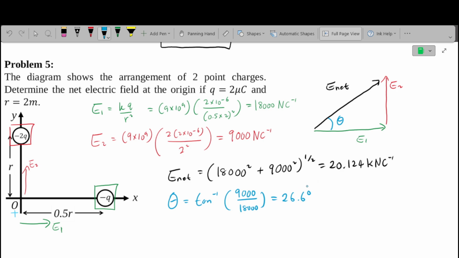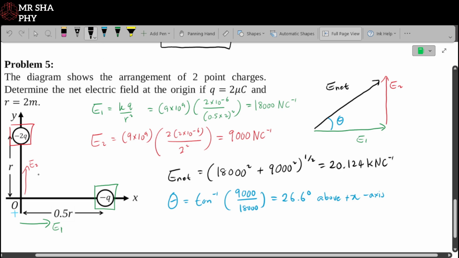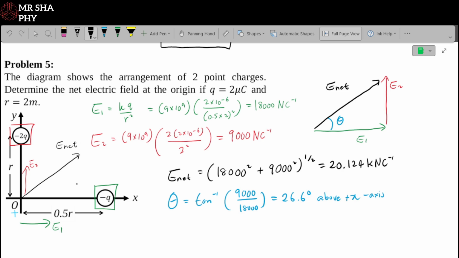Of course, for the 26.6 you should mention that it is the angle above the positive x-axis, because if I were to draw the net electric field on the graph, it's going to look like this. We will have the net electric field, and then we will have an angle here which is 26.6 degrees.